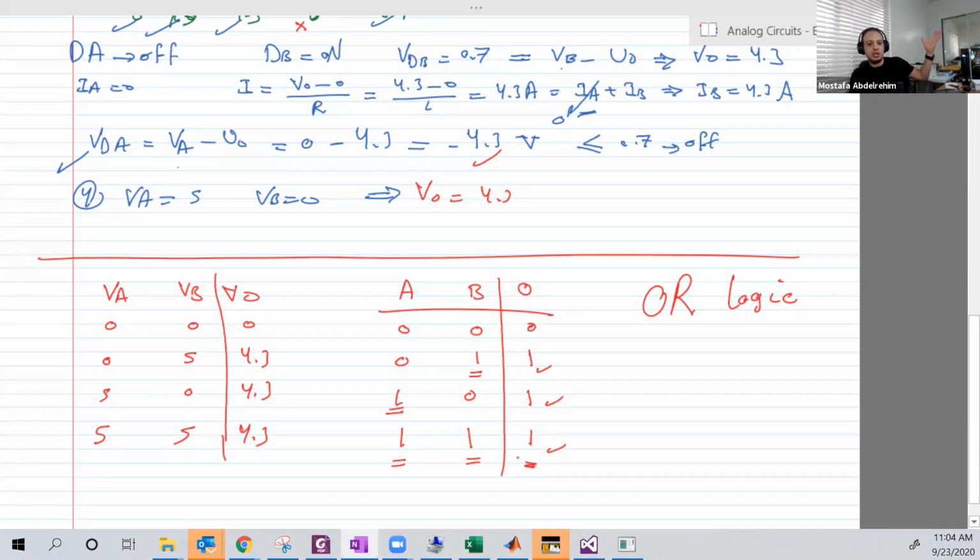But here, no. You have some process, and this process has many conditions, and you want to take some action. So you're going to take your action if at least one of the conditions, even if they are a million, if one of them is satisfied, you take the action.